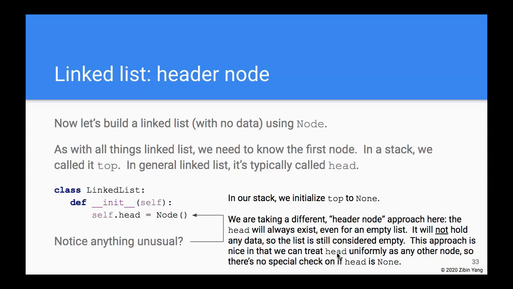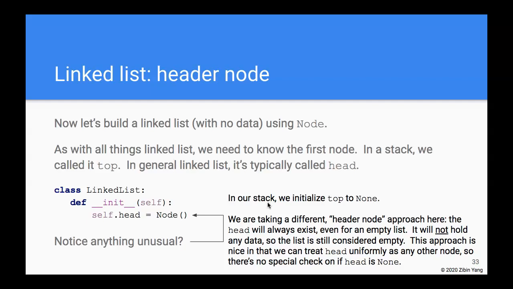However, in this approach, head is always pointing to a node. So we don't have to have a special check on if head is None. But we still have to be careful because this head node, again, does not hold data and is supposed to be internal and invisible to the outside world.